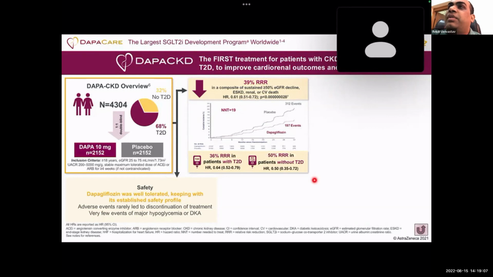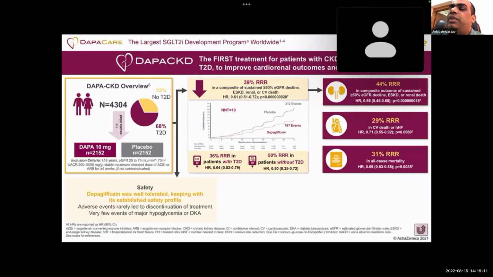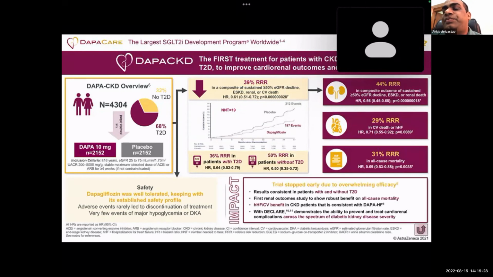So that is something which is very important. This is a molecule which worked wonders for the kidney as well. There was a 44% risk reduction in the composite outcome of sustained more than 50% eGFR decline, ESRD, or renal death. There was a 29% risk reduction in cardiovascular death or heart failure, and a 31% risk reduction in all-cause mortality. The trial was stopped early due to overwhelming efficacy.